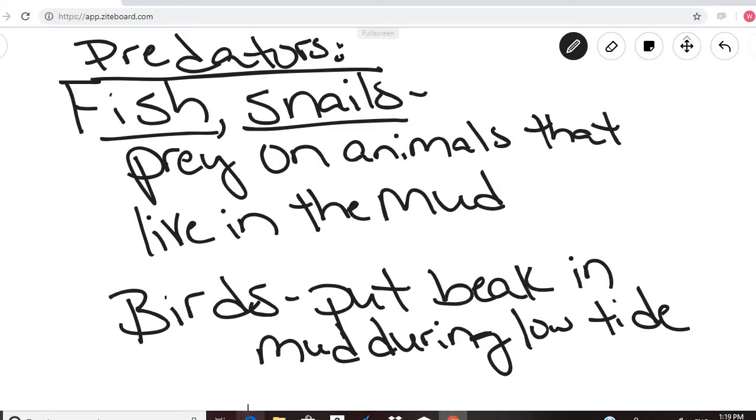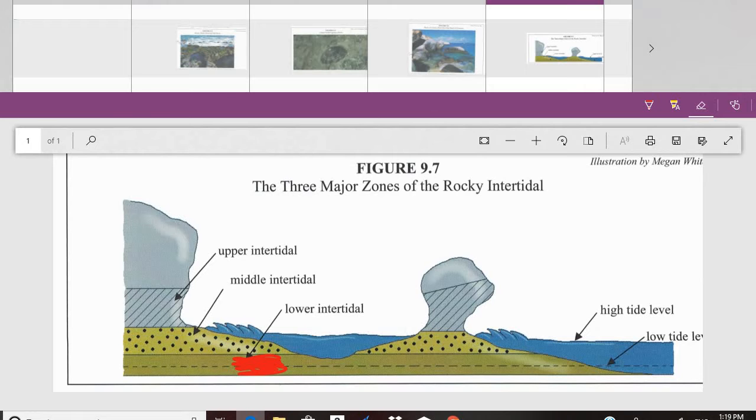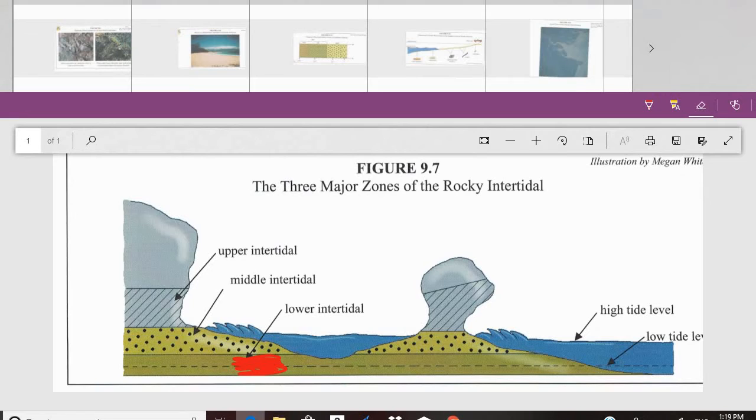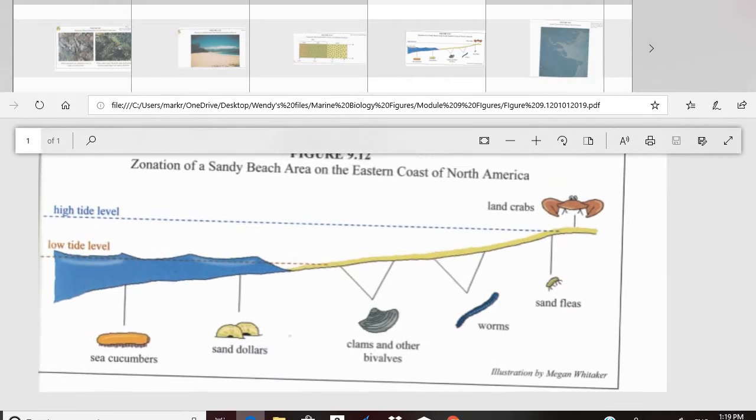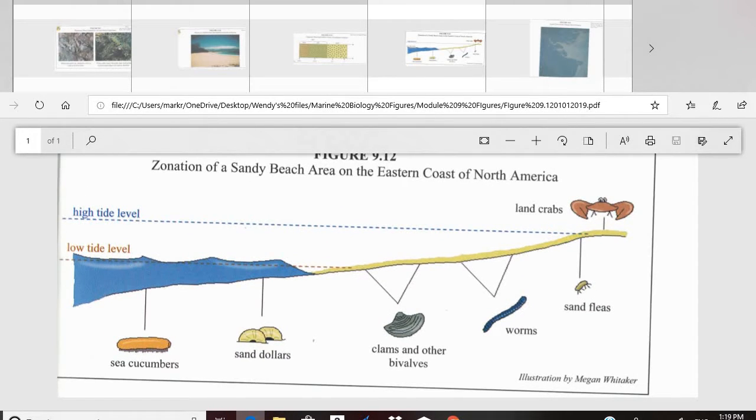Zonation also exists within the muddy areas. So this shows the zonation of a sandy beach area. You can see that sea cucumbers are able to survive at a lower depth. They would still be covered during the low tide, but then you get all the way up to land crabs and sand fleas.